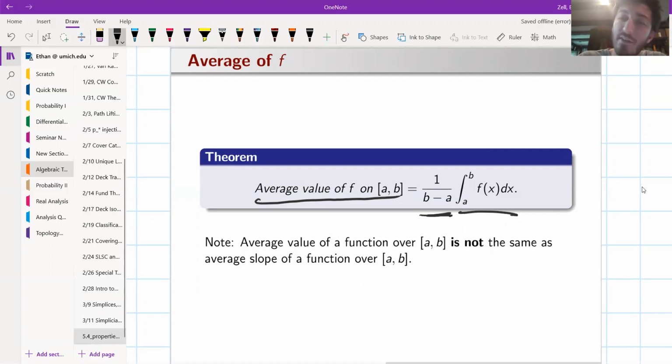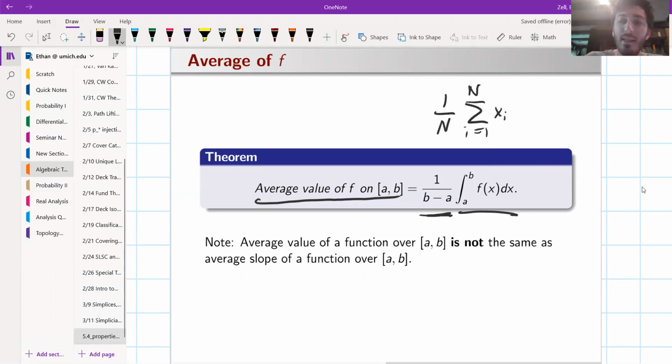The mean is 1 over n times a sum over all the points in your data set, say x_i. This is the formula for an average of data.